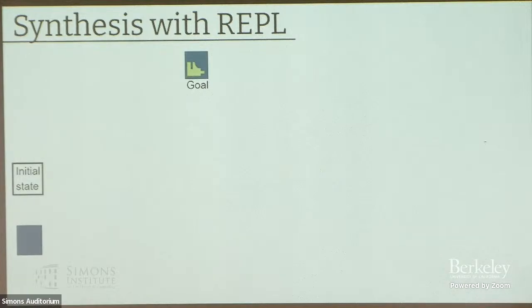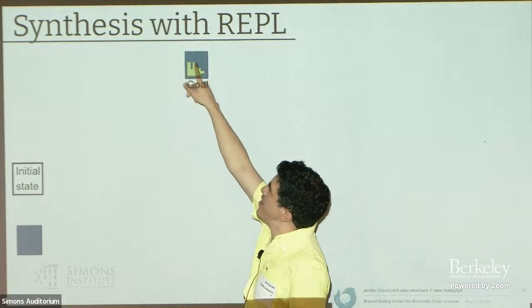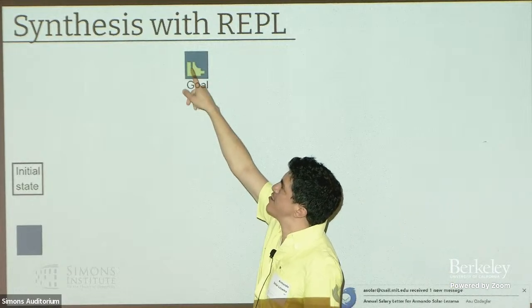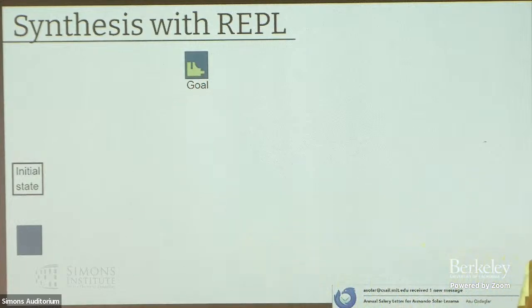This approach works particularly well for domains where you can look at the output, and the output itself has a lot of information about the structure of the program. So for example, drawing domains are very nice, right? If I know that my goal is to produce a shape like this, I can tell that there's probably going to be a circle in there, and there's probably going to be some rectangles in there. It's a very nice domain for this kind of approach.